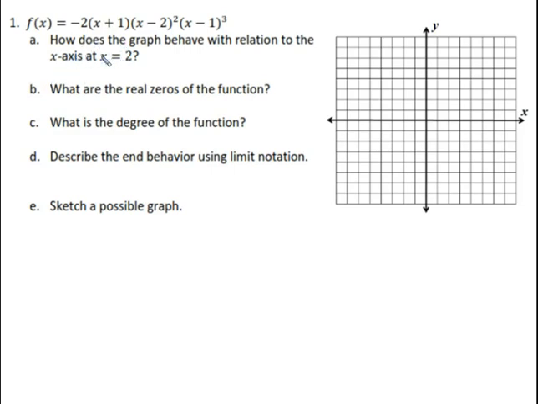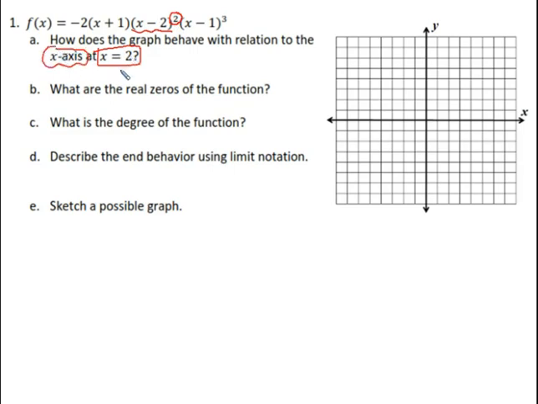So notice how this value, x equals 2, is coming from this particular factor, because this answer of 2 is what would make this factor equal to 0. So this particular factor, notice how it has an even multiplicity. So if this 0, this x equals 2 answer, has an even multiplicity, what's actually going on at the x-axis?